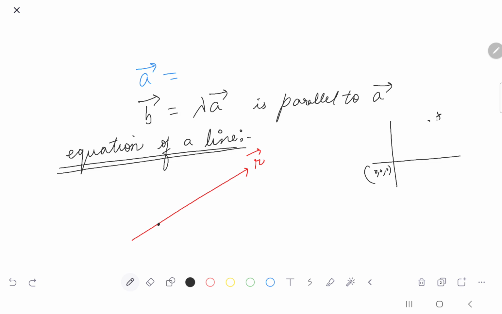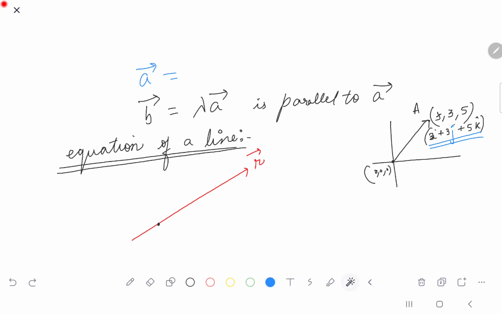Let's suppose you are at 3, 3, 5. So starting from the origin to that particular point A, it should be 3 i cap plus 3 j cap plus 5 k cap. Yes or no? That is what it is going to be.